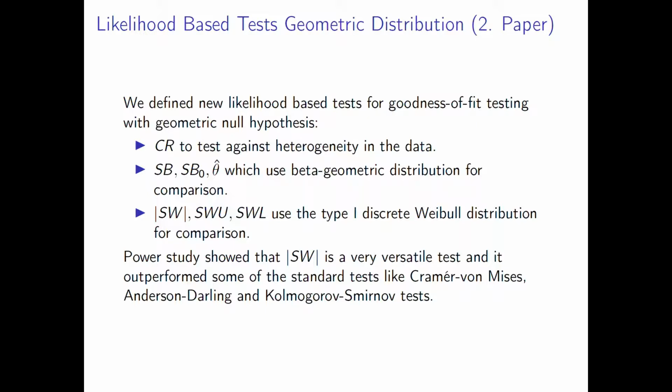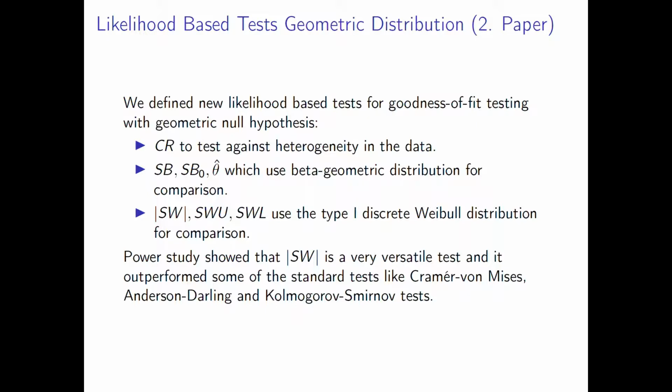Next, we defined 3 tests which use beta geometric distribution in the likelihood ratio. If the particular data set is more skewed towards the beta geometric distribution, then these tests perform better. And the last type is where we use type 1 discrete variable distribution in the likelihood ratio.